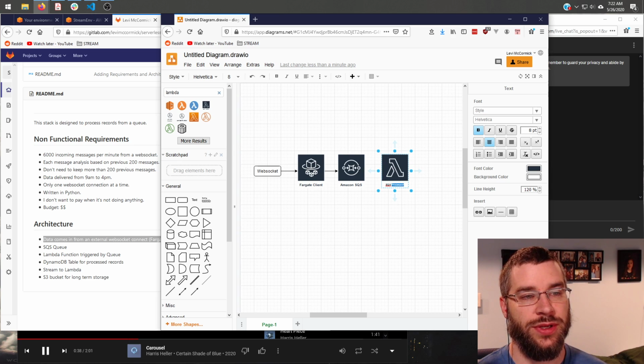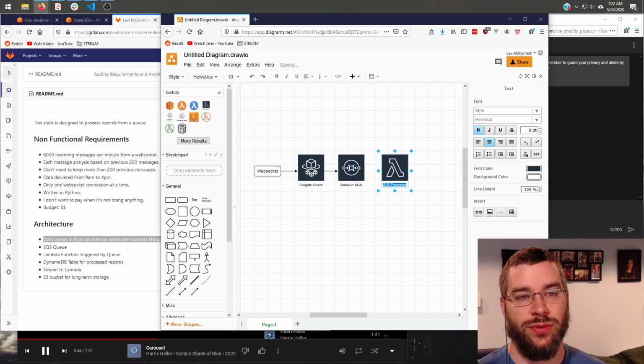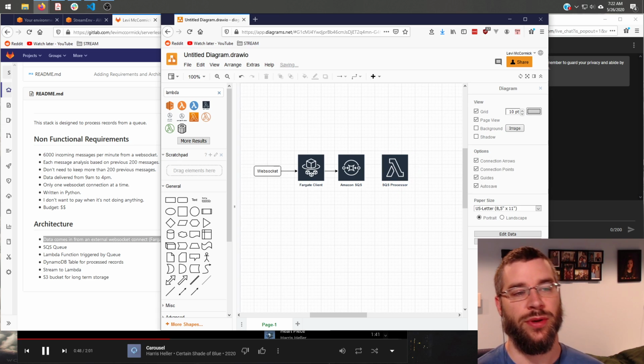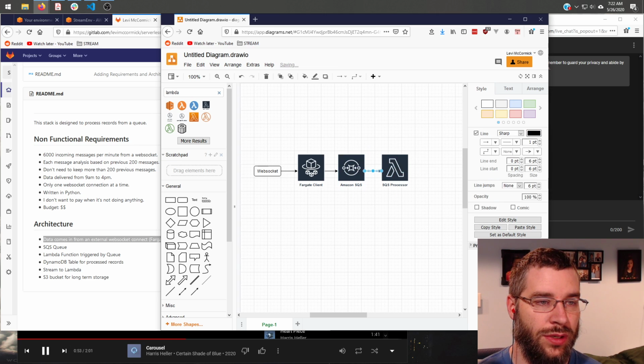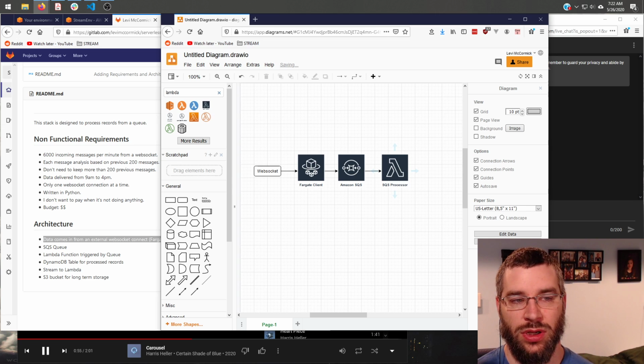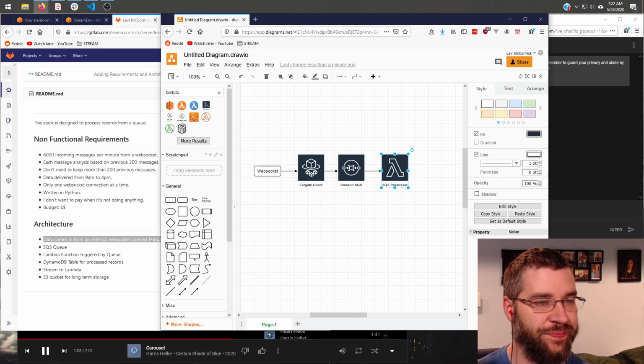I don't like how small that is. So let's get it back up to 10. Okay. We're all on super clever naming here today. So we have our queue. I don't know if there's anything really particular to call out for the queue itself. Then we have the queue processor.